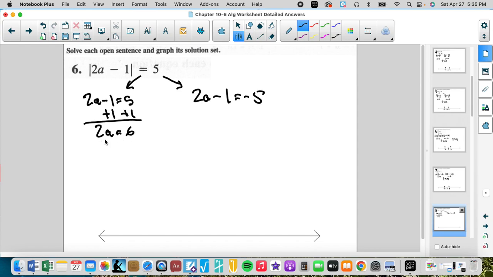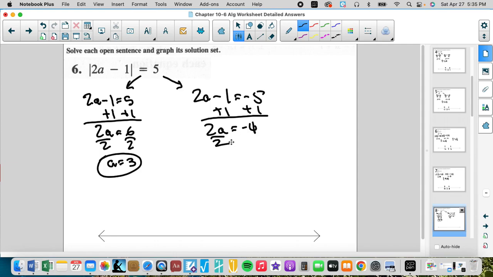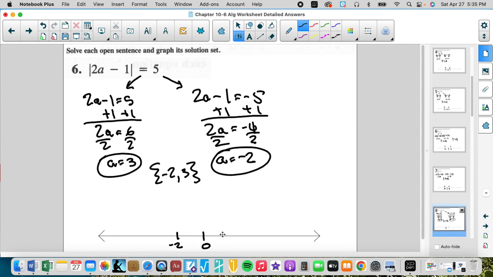Add 1, add 1, 2a equals 6, divide by 2, a equals 3. Then 2a equals negative 4, divide by 2, a equals negative 2. So my solutions are negative 2 and 3. We'll write negative 2, 0, and 3, and we'll put a dot above it.